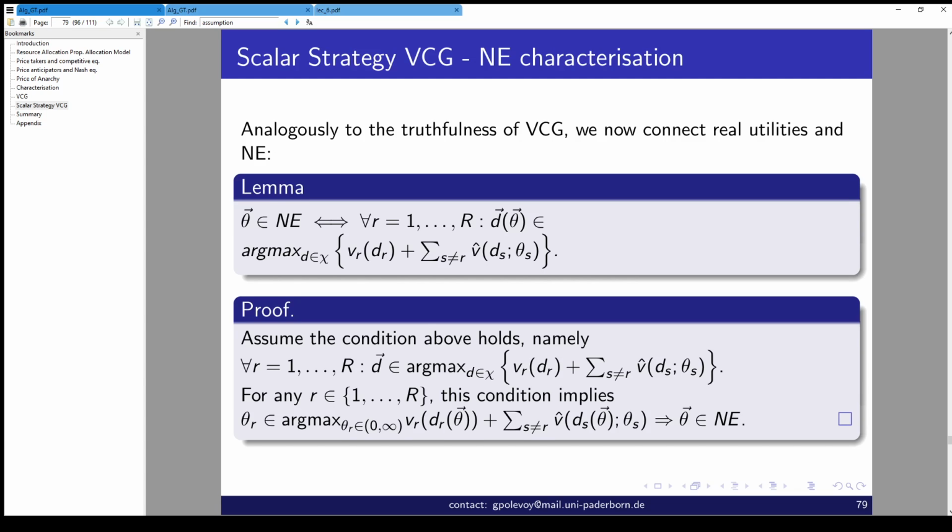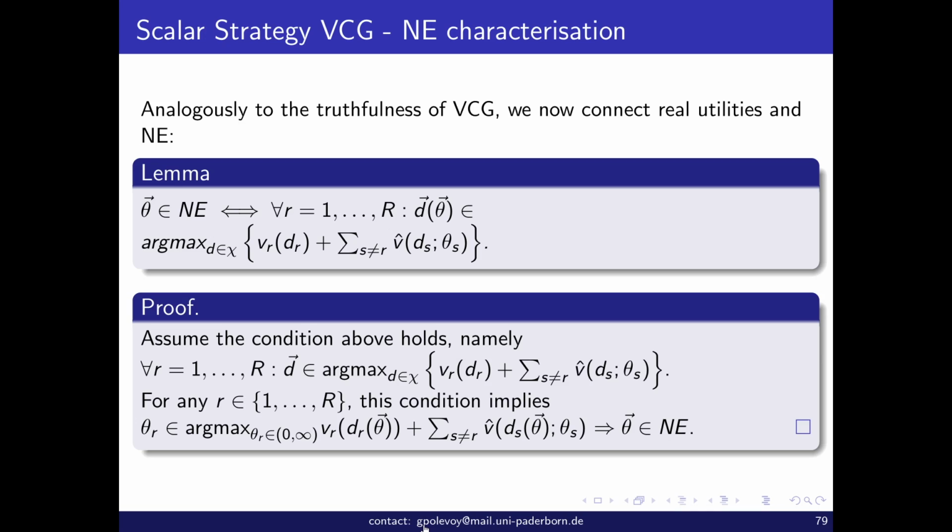Let's get back, and so the correct version is as follows. Theta is an equilibrium if and only if for every player the following holds.